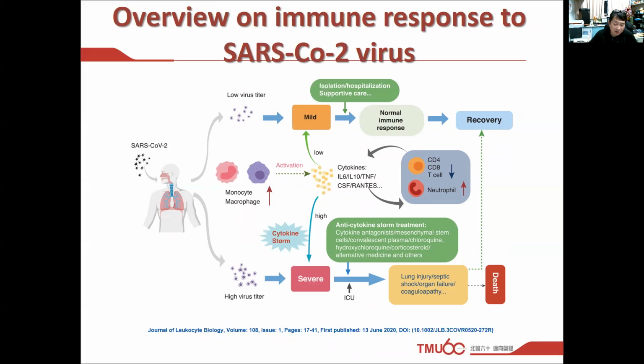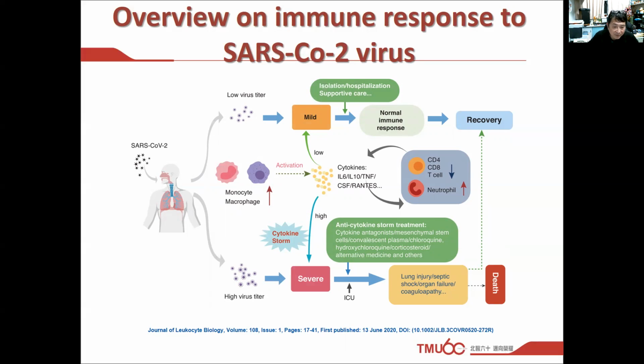Somebody with a low virus titer will express mild symptoms, and then their normal immune response will come in and take over, killing or limiting all the virus and cleaning up all the infected lung cells, and they go on to recover.